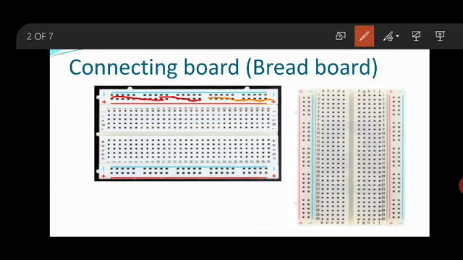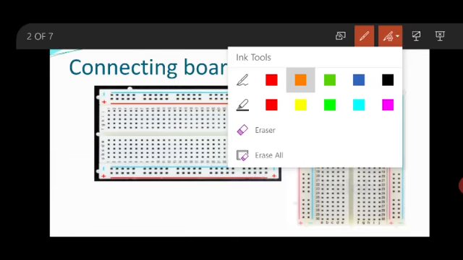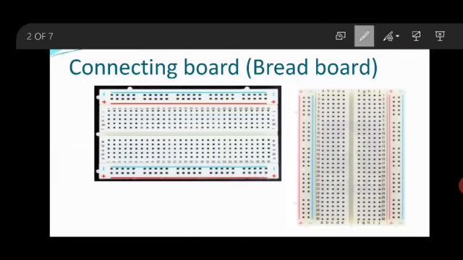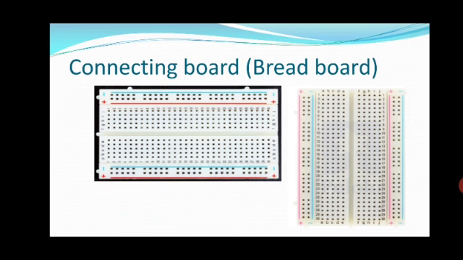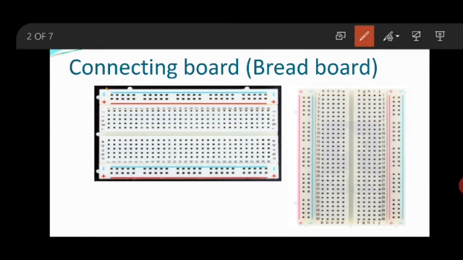I hope you can see just above the line there is again one more row of dots. It is made up of rows. The first row also has connectivity in the same way, like this. There is a separation between these dots, and both are not interconnected. The first row and the second row are not interconnected.